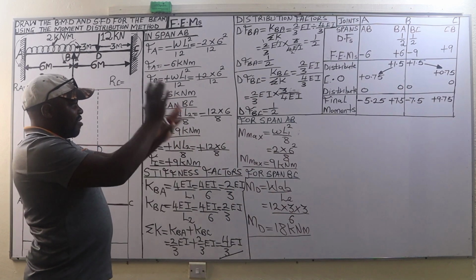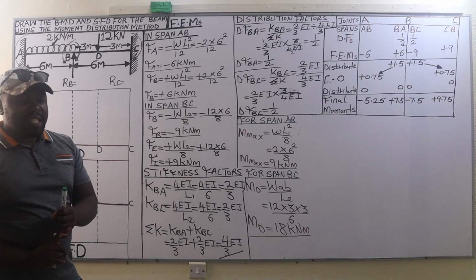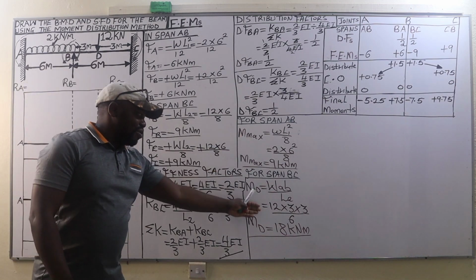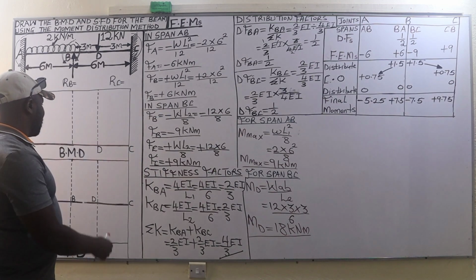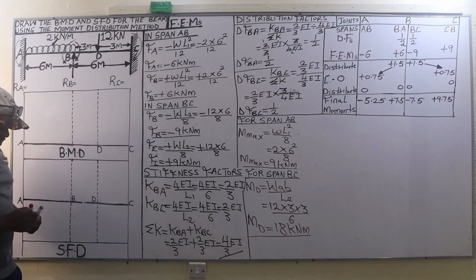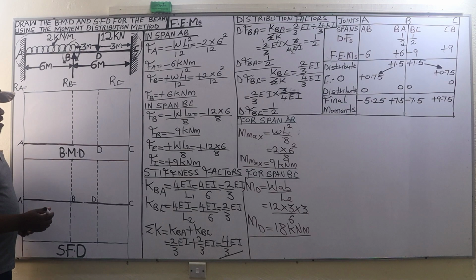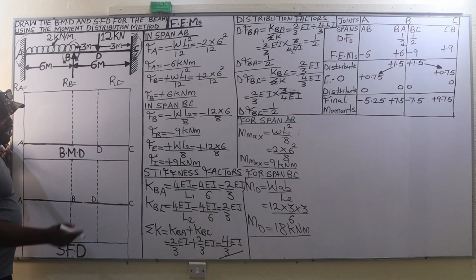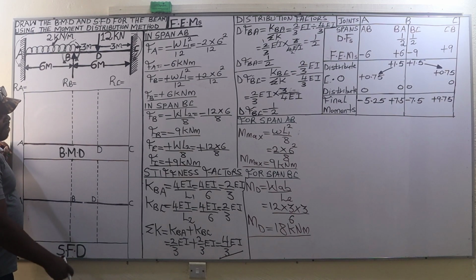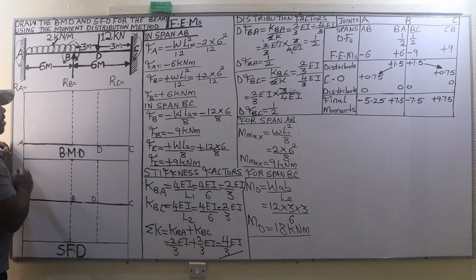Now, after getting all the moments, that is the support moments as well as the moments due to vertical loads, we are now going to plot our bending moment diagram. And this is how it's going to look like. Let's start with the bending moments due to vertical loads, beginning with the span AB. So we have a moment of 9 kilonewtons meter.